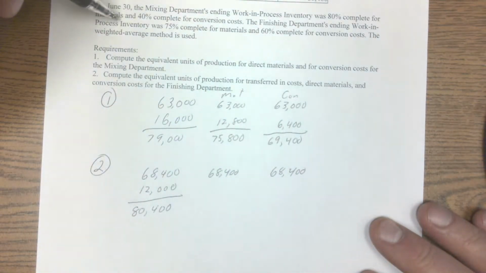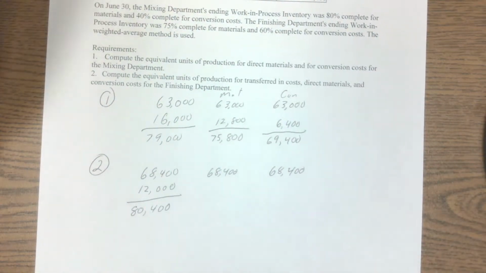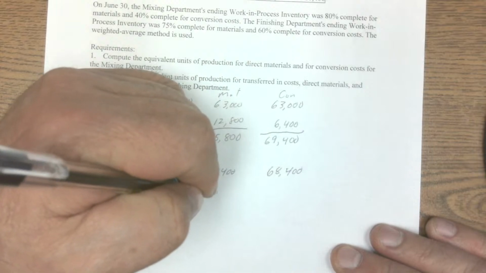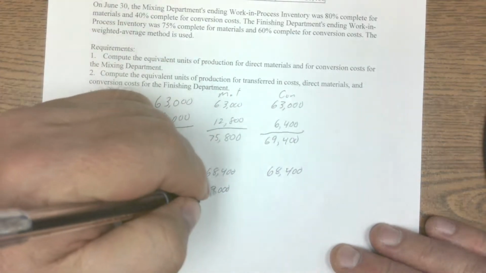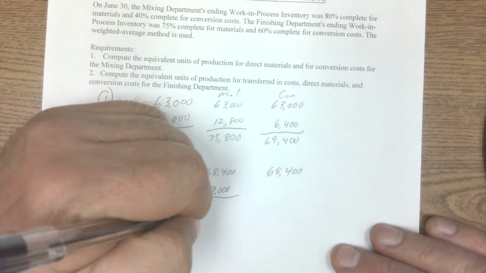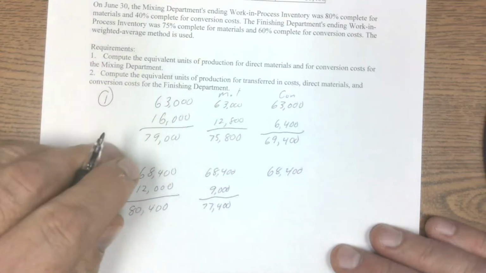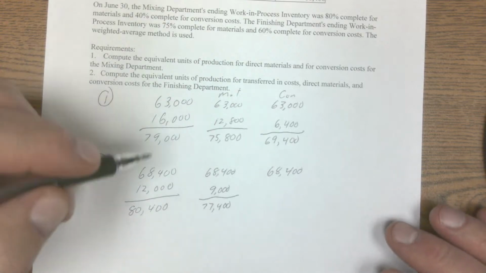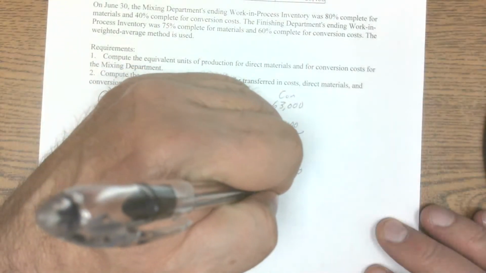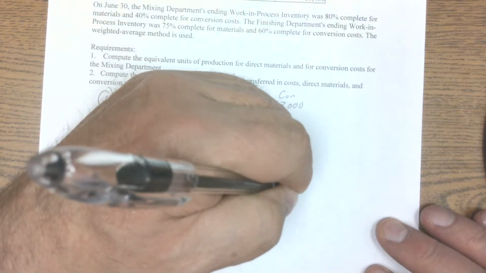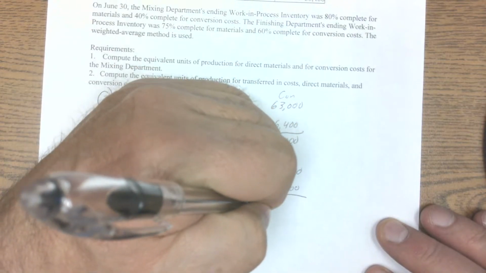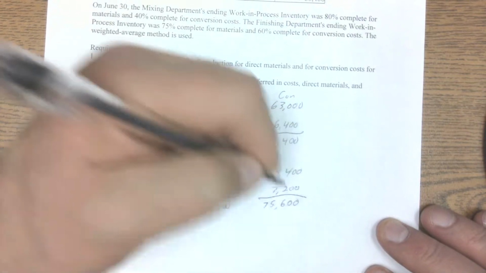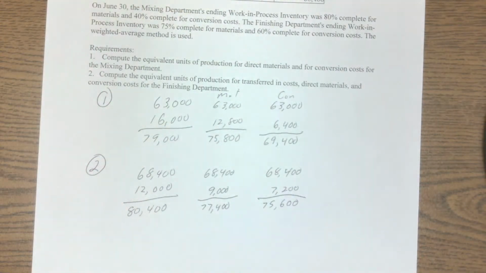And in the finishing department, 75% complete for materials. That'll be 9,000, 75% of 12,000. So we've got 77,400 equivalent units for materials in the finishing department. And then we've got 60%. 60% of 12,000 is 7,200. And so we've got 75,600 equivalent units for conversion in the finishing department.